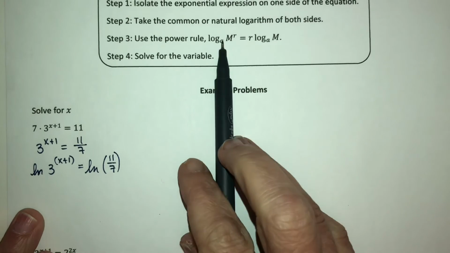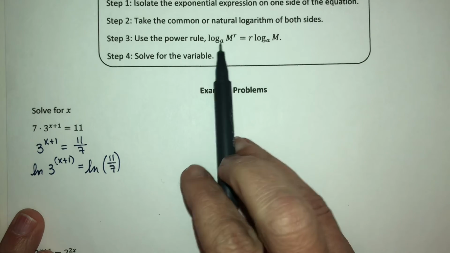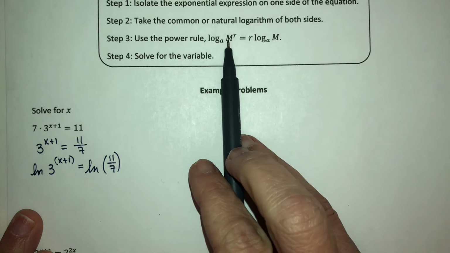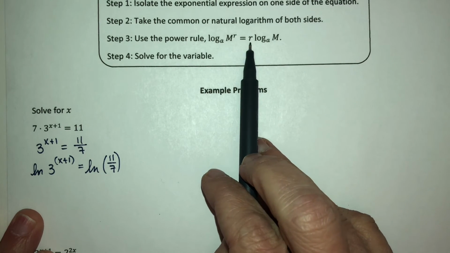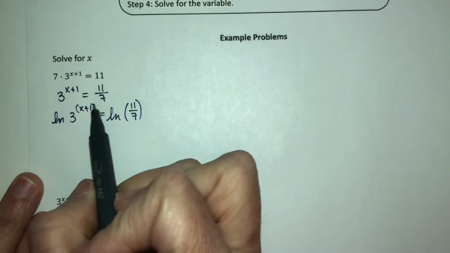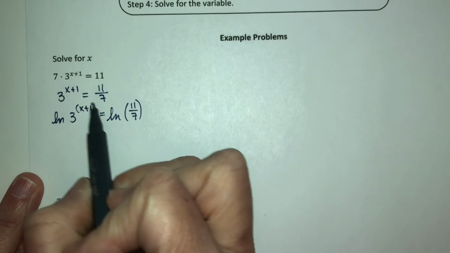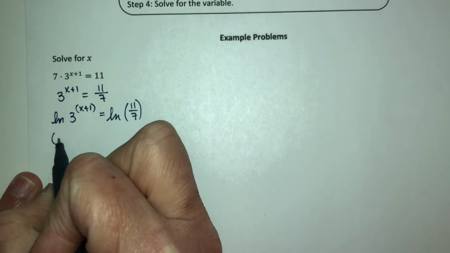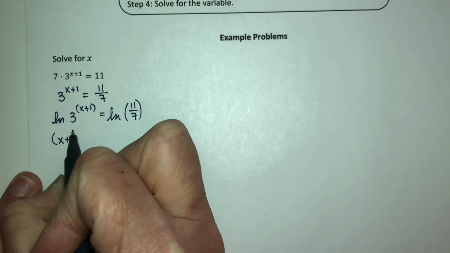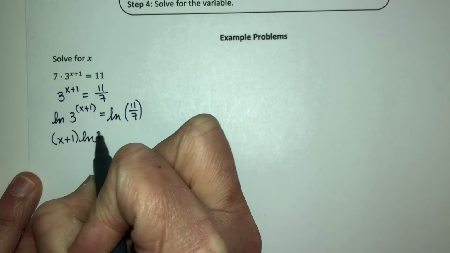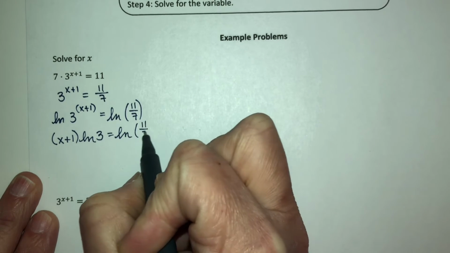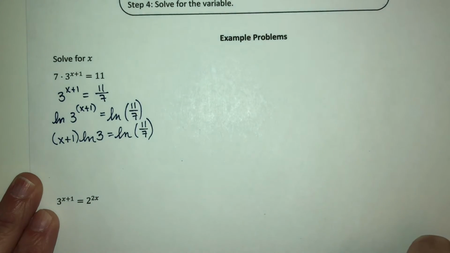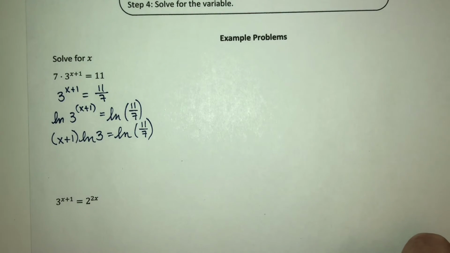Now we have this property right here that says if you have a logarithm of something to a power, you can take that power and move it down into the front. So what I'm going to do here is this is my exponent, and I'm going to move it into the front of this. So I have this, okay?